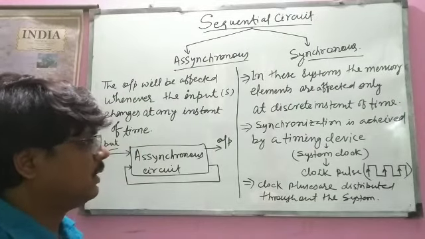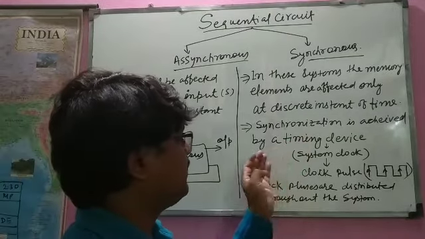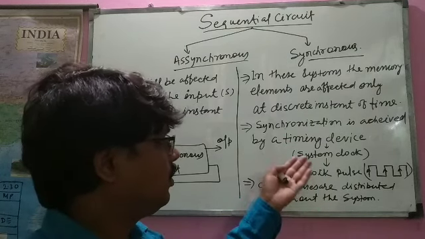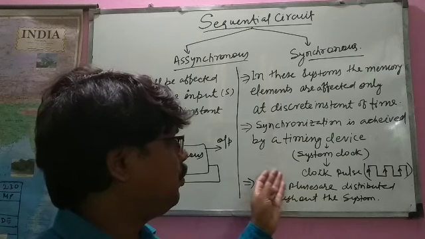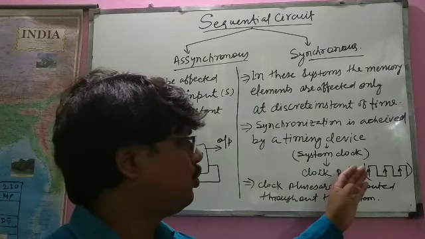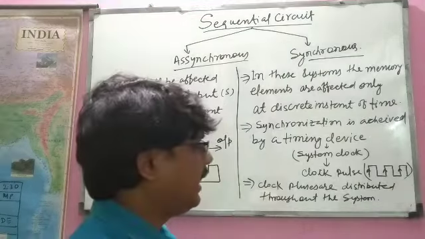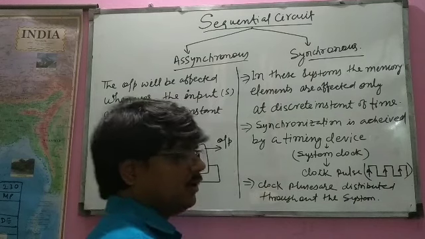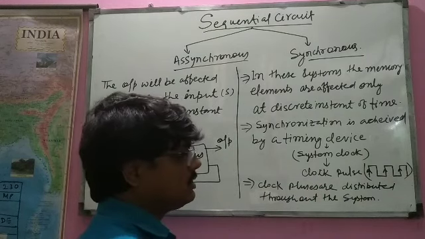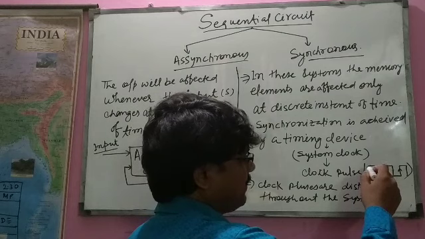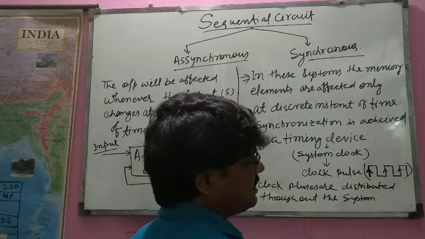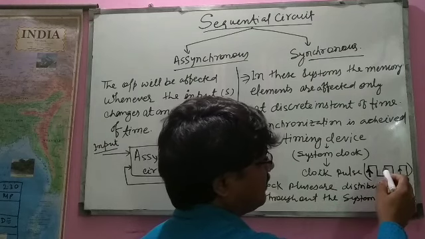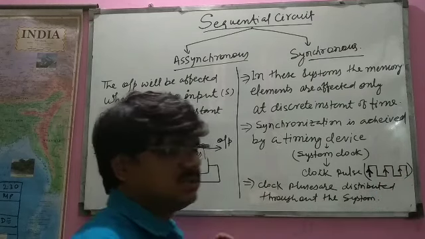Synchronization is achieved by a timing circuit known as the system clock, and this system clock generates a periodic waveform, that is, clock pulses like this. If our synchronous circuit is a positive edge sequential circuit, the output will change at this positive edge, or after this at the next positive edge.